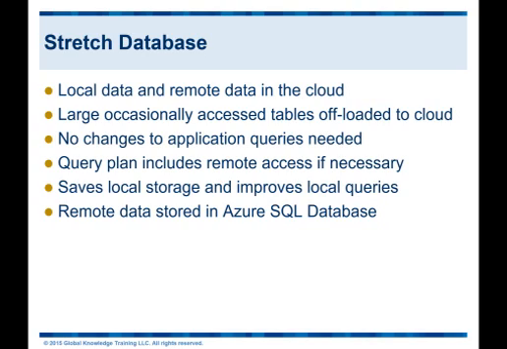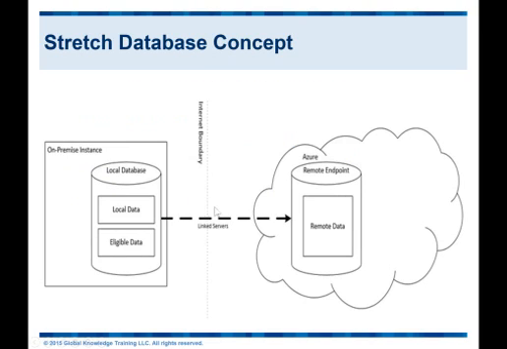It's kind of an interesting feature, but from a schematic point of view, we have here the stretch database. On the left-hand side, we have the local database, an on-premises instance of SQL Server 2016. We have local data. Our most active tables are still going to be local.